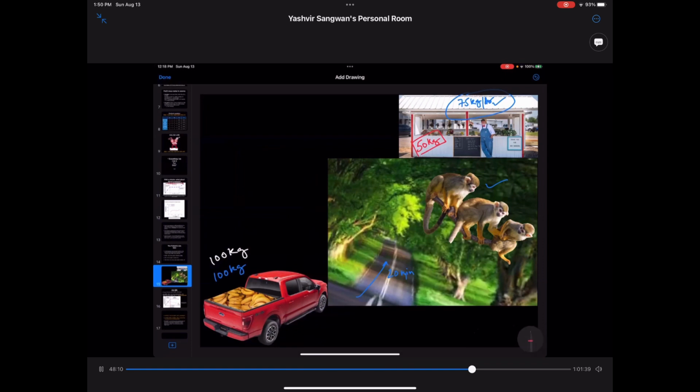Two things can happen to make this 100 kg 50 kg. Either the monkeys are very hungry or there has been an increase in the number of monkeys. So an increased demand on the bananas. And if the bananas are oxygen, an increased demand of that oxygen has taken place.